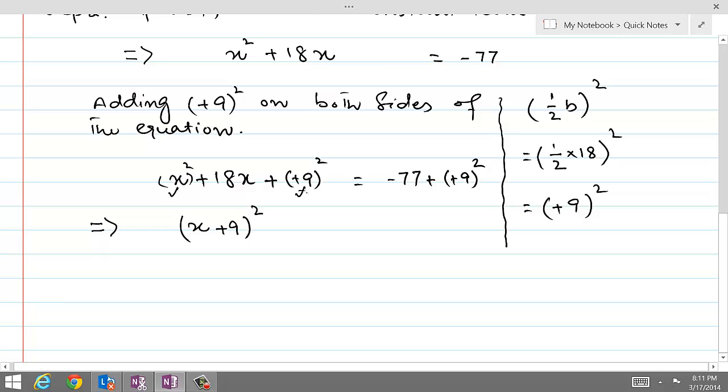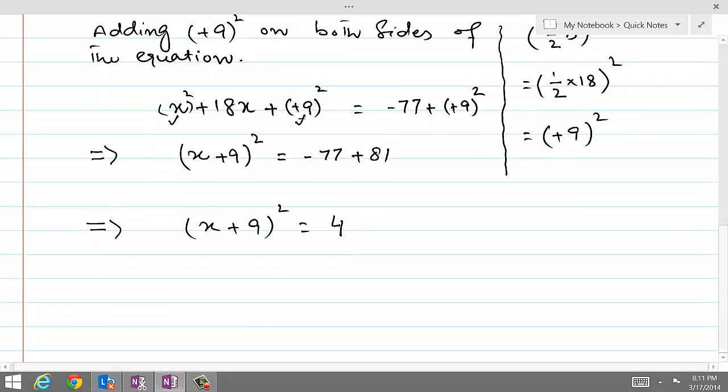This is the combination of both of these terms: x, and then whatever other term is inside the square, that is plus 9 whole square, is equal to minus 77 plus 9 whole square, which is 81. And now we can see that x plus 9 whole square is equal to minus 77 plus 81, which is equal to 4.